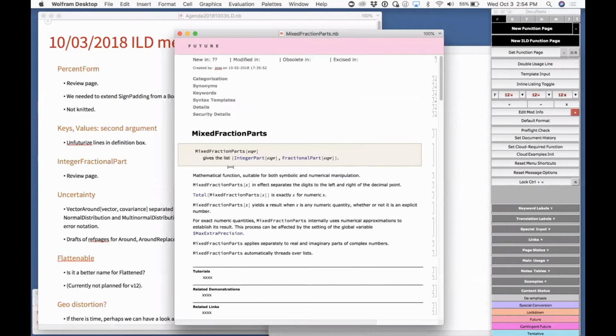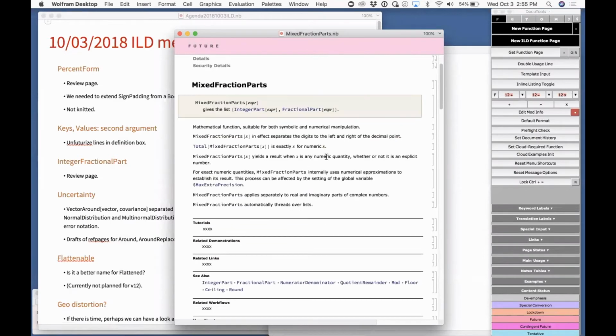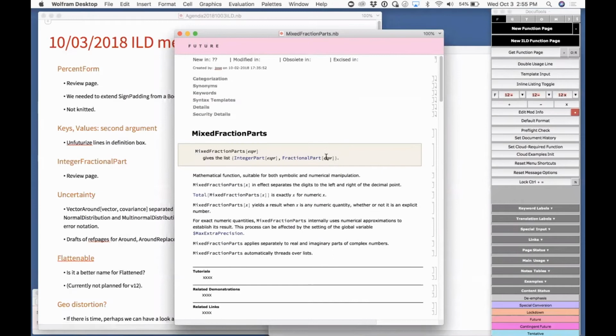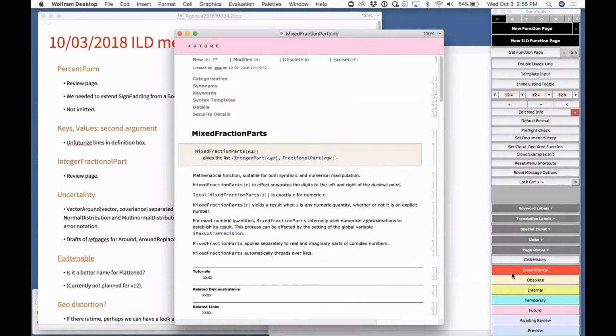Okay. Well, this documentation could be left exactly the same. I think so. Okay. All right, let's defuturize.